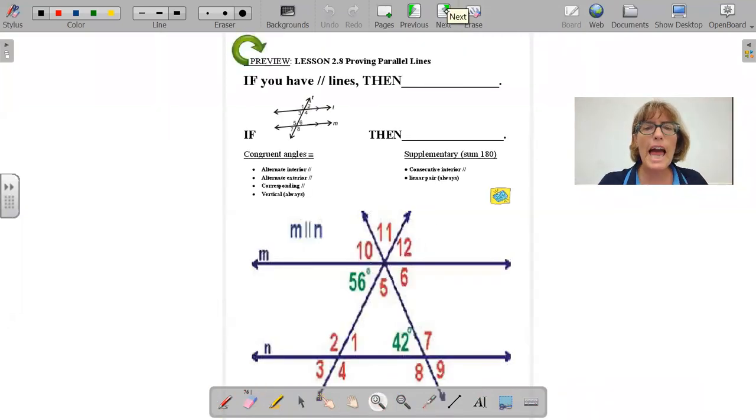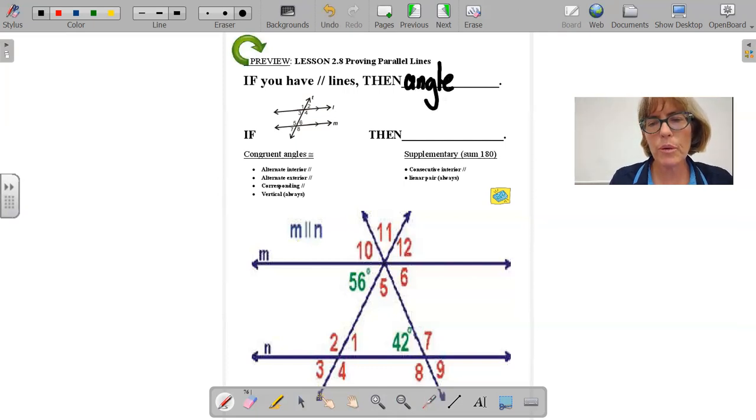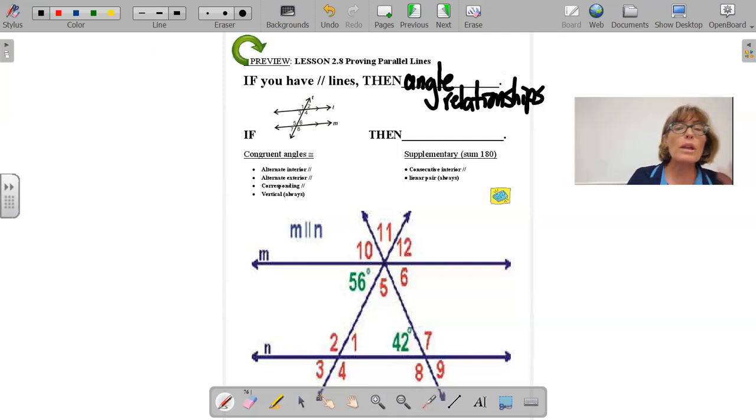Let's recap. Last class, we learned this. If you have parallel lines, then you have a bunch of different angle relationships.